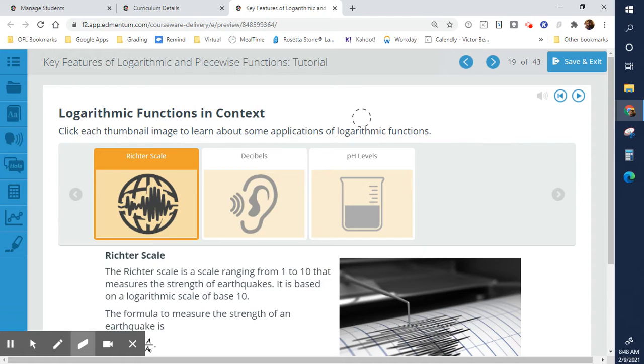Well, we actually use it a few times more than we think. Whenever you hear the Richter scale, whenever you hear, oh, that was like a 3.5 earthquake, so it wasn't that bad, that's when we're using logs.